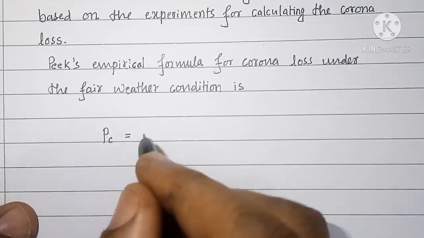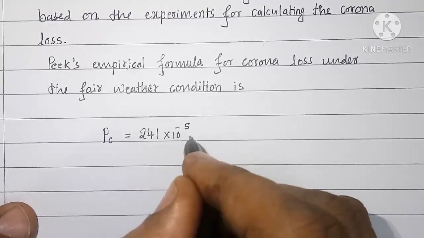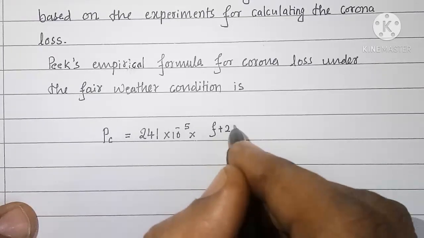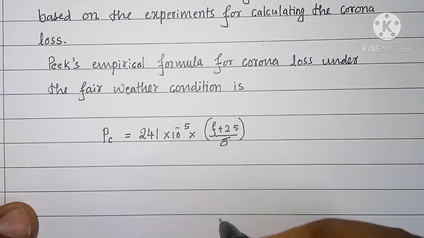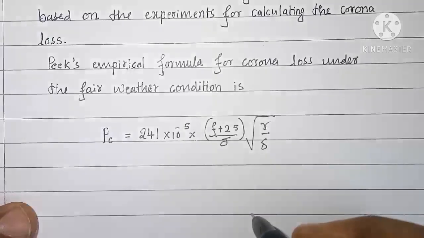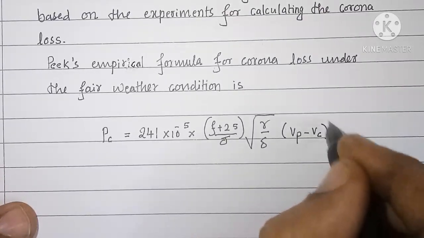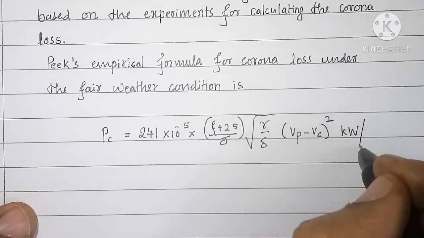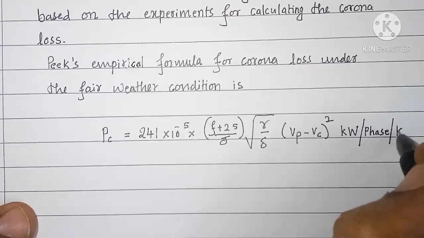So corona power loss formula it is 241 into 10 raised to minus 5 into (f plus 25) by delta, under root r by delta, into (Vp minus Vc) whole square, kilowatt per phase per kilometer.